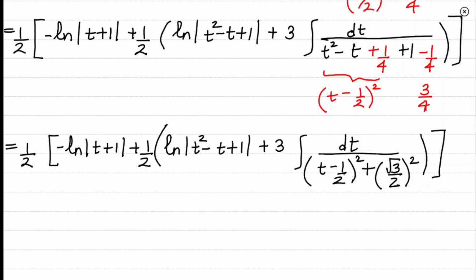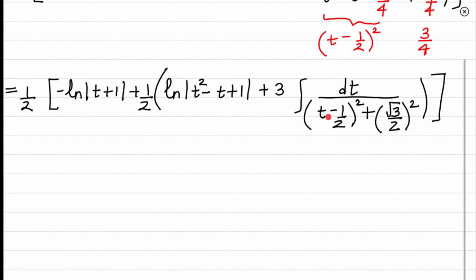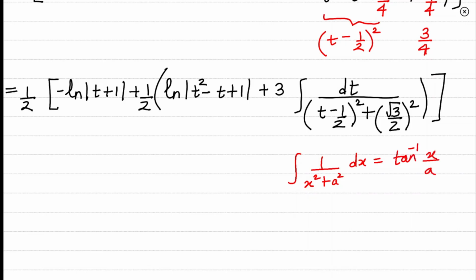Now it's very easy to integrate because we know the integral of 1 over x square plus a square dx is nothing but tan inverse of x by a.